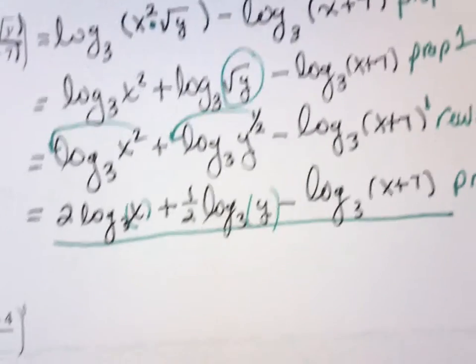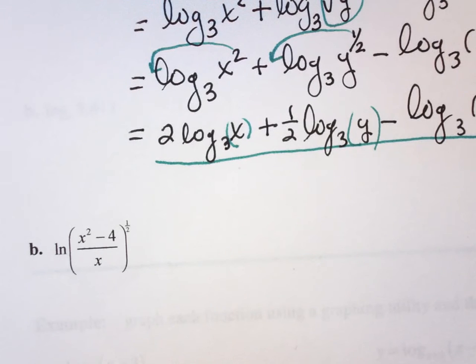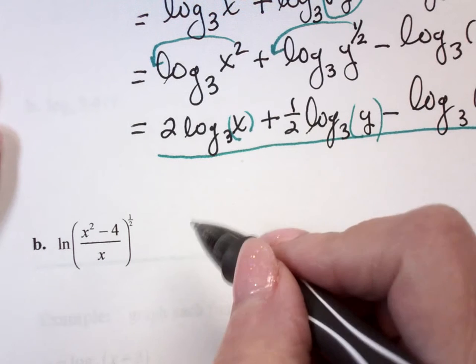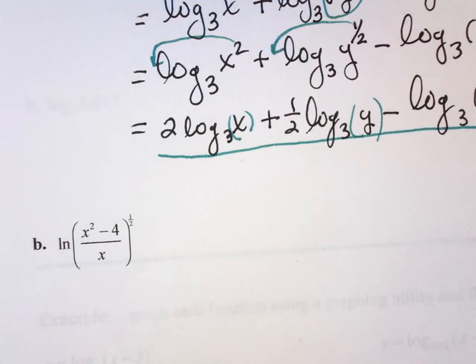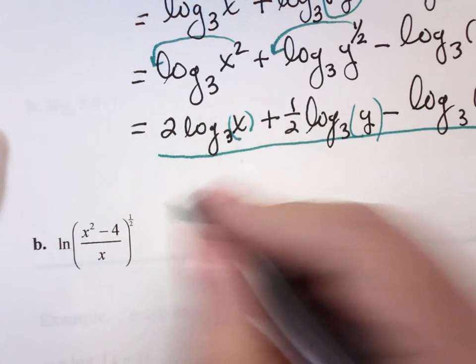We'll finish up this page and then stop here. Well, here is the natural log of x squared minus 4 over x to the 1/2 power. I can't do anything with properties of logs on the inside until I get that 1/2 taken care of.